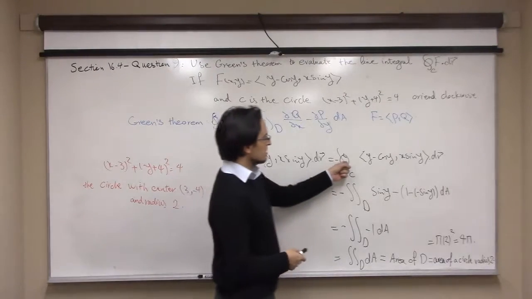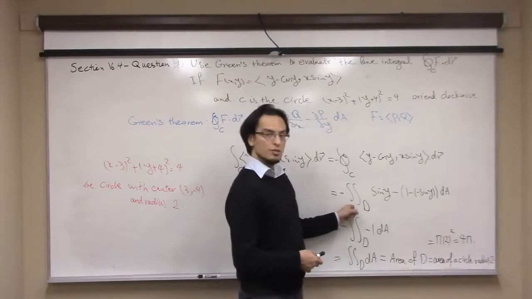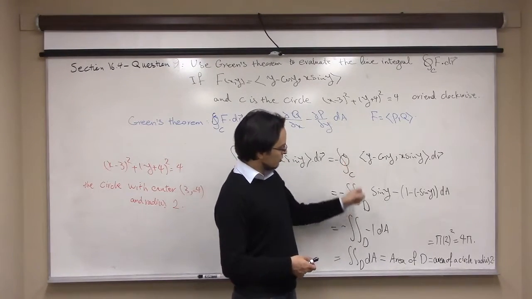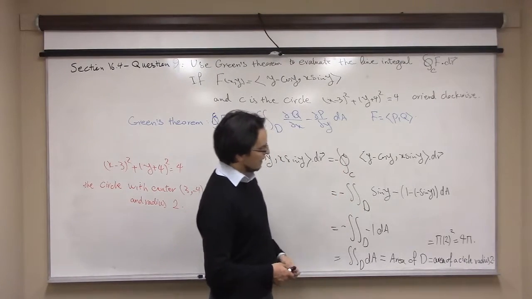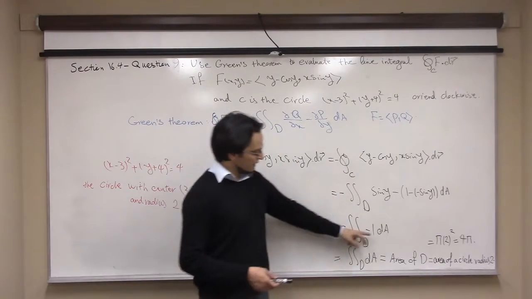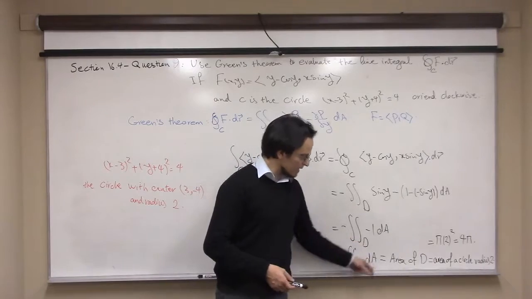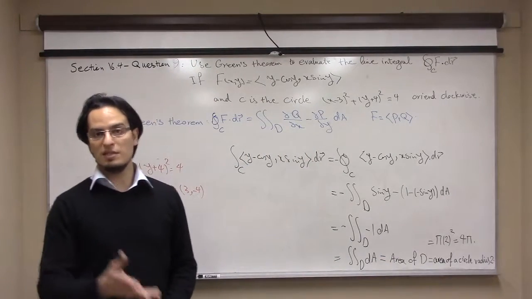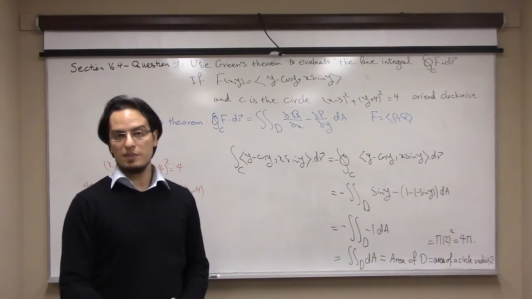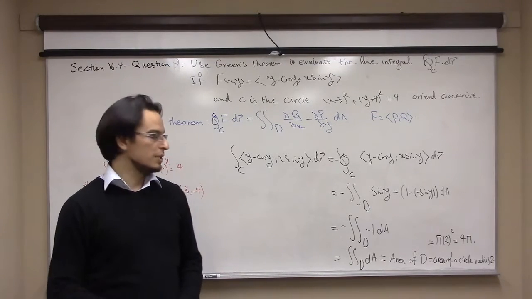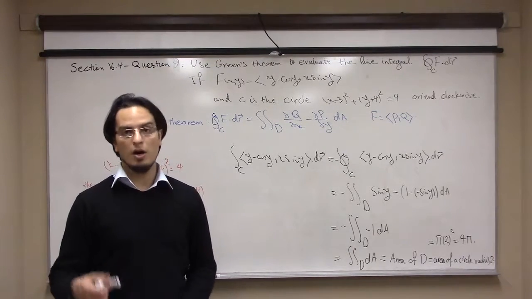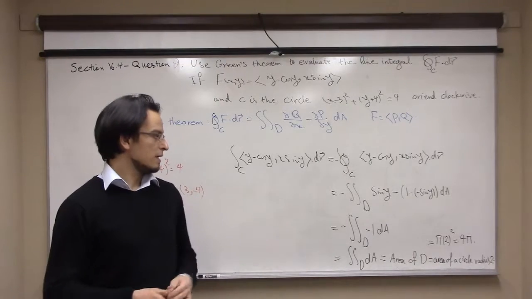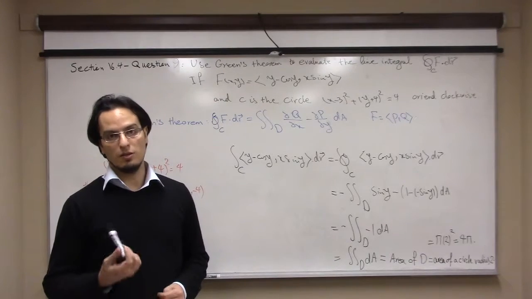Then, when it is positively oriented, I can use Green's theorem, and this is equal to that. I have to bring this negative down, and then I end up with an integral which has a nice meaning: it is the area of the region. The region for us was this. The area of a region of radius r we know is equal to pi r squared, and that is the value of the integral.